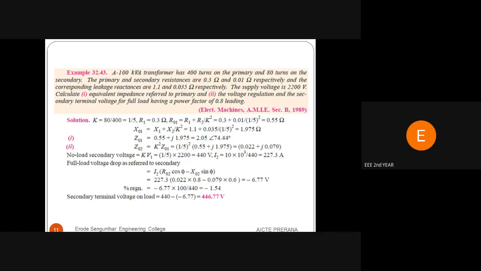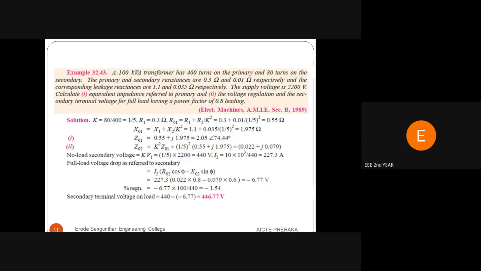Then once R01 and X01 values are available, we can simply calculate Z01 equal to square root of R01 square plus X01 square. So by means of this formula, we can get the 2.05 ohm value. It is in complex form, 0.55 plus j1.975. We have to convert the complex form into polar form.